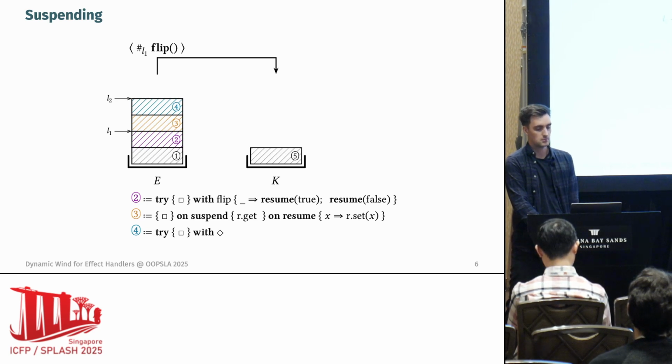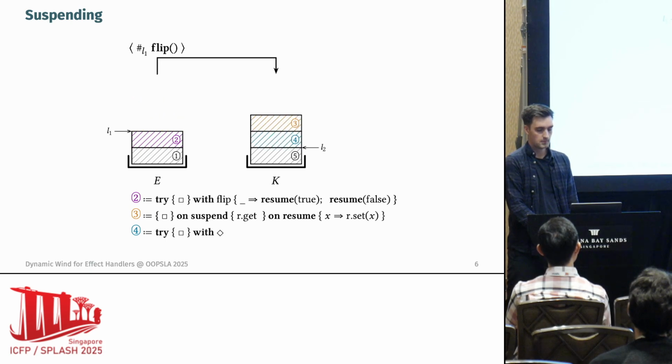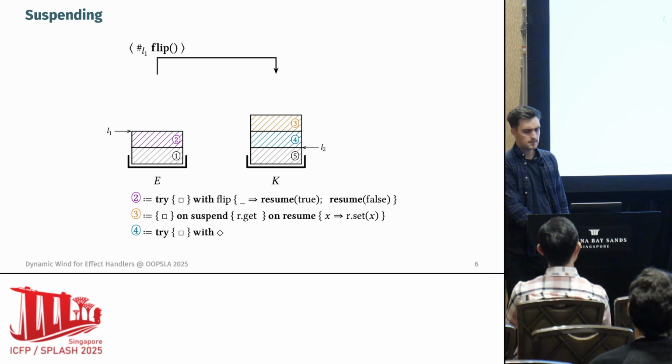Okay, so let's just pop the frames from the stack and push them onto the continuation. Okay, so now we have pushed all these frames, but now we have also pushed the on suspend and on resume frame. So now we need to pause what we are doing and execute the on suspend body.